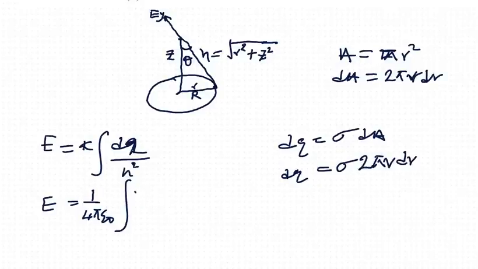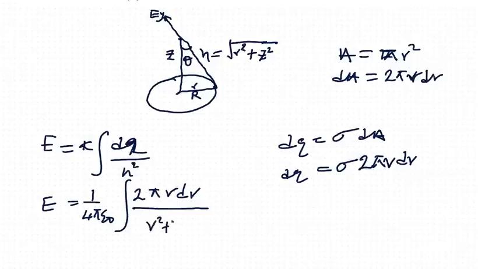So this is 2 pi r dr divided by h squared, which is r squared plus z squared.